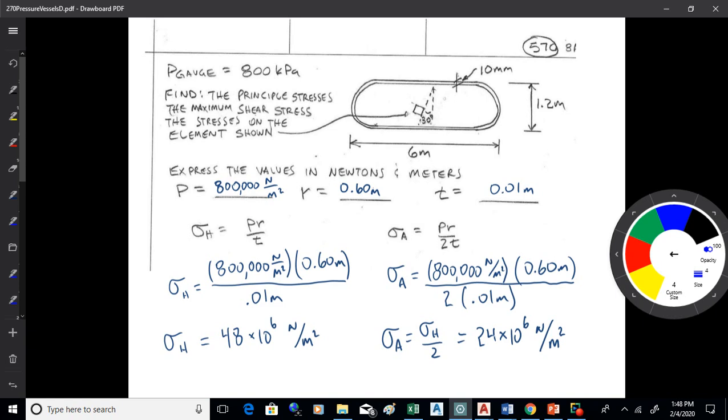So when I run the numbers there, I get 48 times 10 to the 6 newtons per meter squared for the hoop, and 24 times 10 to the 6 newtons per meter squared for the axial, just by plugging the stuff in, okay?